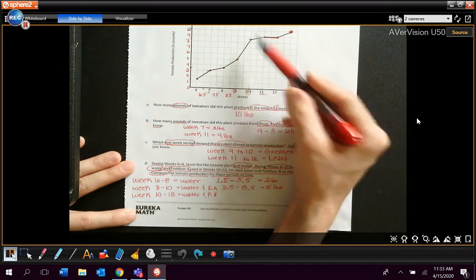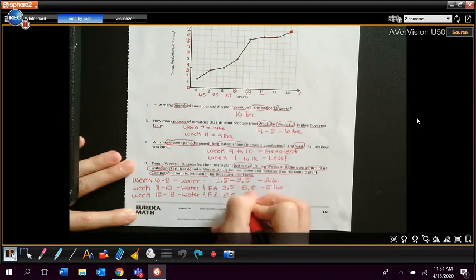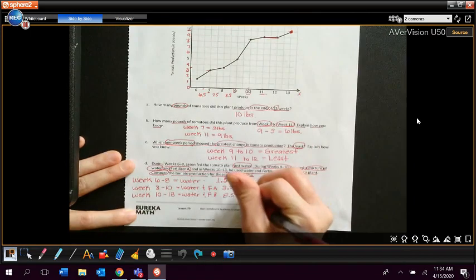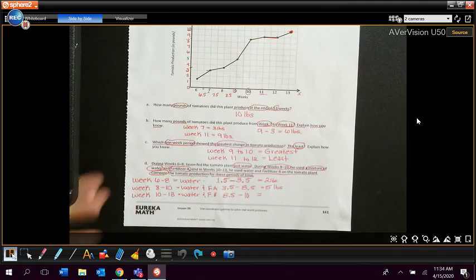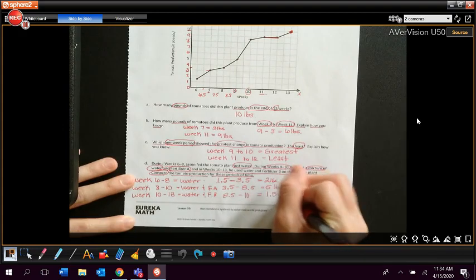At 10, we were at 8.5. At 13, we were right at 10. So what do we see there? What's our difference? From 8.5 to 10, how much did it increase? Yes, it increased 1.5 pounds.